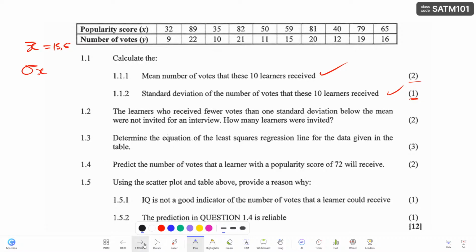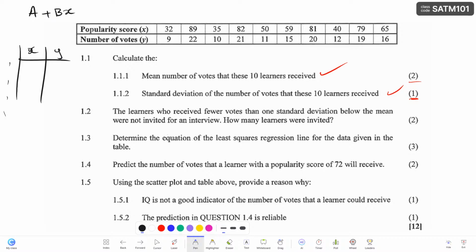If you have a Casio, press mode, then press number 2, which is stats, and then press number 2, which is in this form, because remember a regression line is in this form, a plus bx. So press this one, you will see something like this.